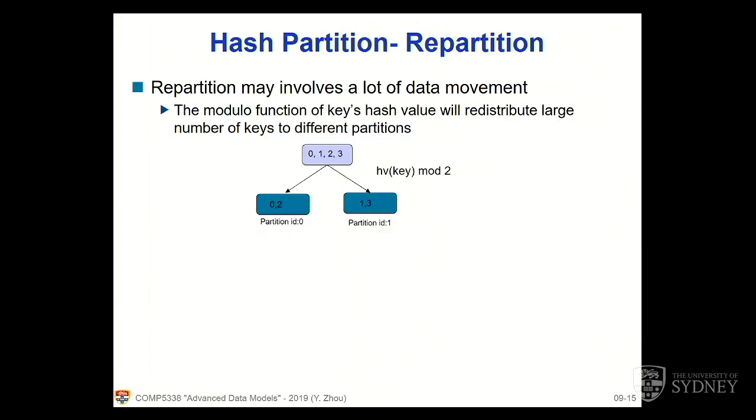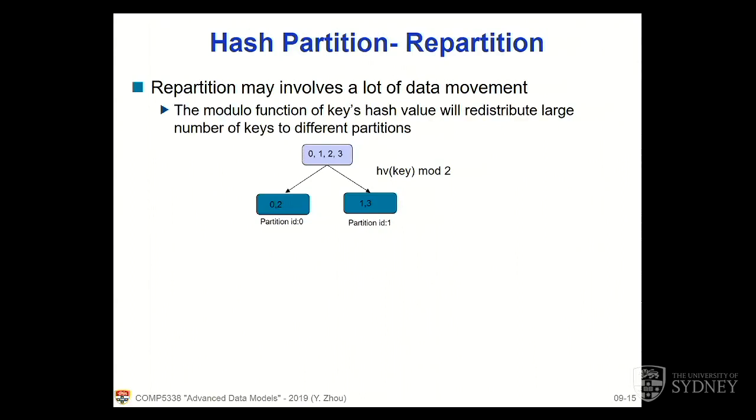So the benefit of hash partition is that it can usually distribute data more evenly compared with the range one, but it does have a problem of repartition. If the hash value of the key is evenly distributed, each partition will usually get roughly the same number of keys.